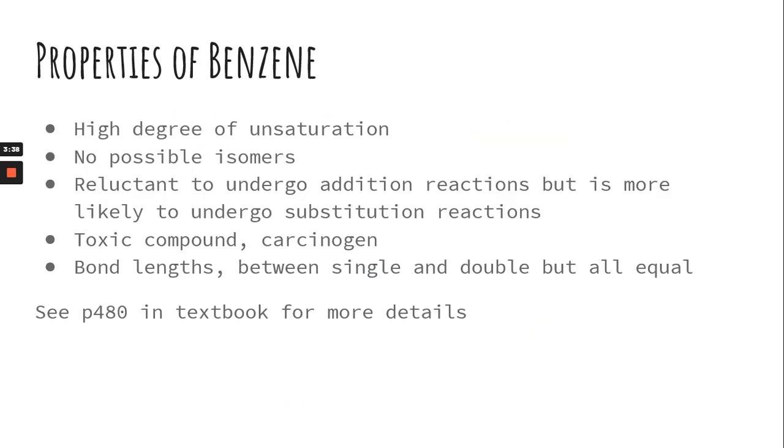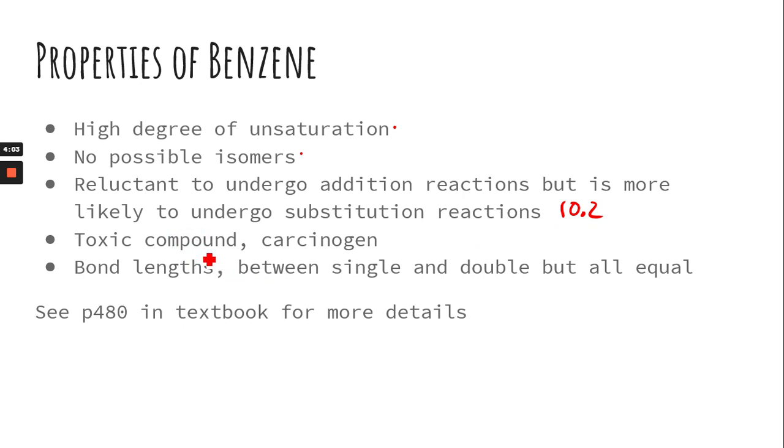Because of benzene, it has a high degree of unsaturation. You have that double bond, and anytime you have double bonds, you're unsaturated. There's no possible isomers of benzene. It's reluctant to undergo addition reactions, but it will undergo substitution reactions, and we'll talk more about that in our next section, or 10.2. It's a toxic compound.